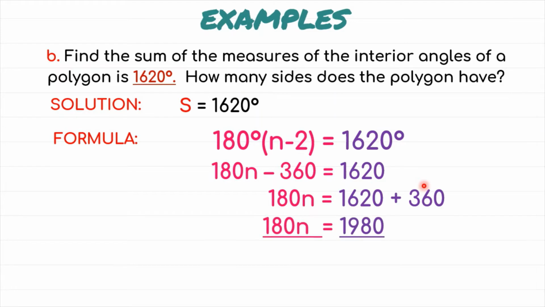Total of 1,980. Tapos, i-divide natin by 180 para n na lang matitira. Meaning, ang side po na hinahanap natin ay 11. So, meaning, ang sum of the measures of the interior angles of 11-sided or undecagon is 1,620 degrees.